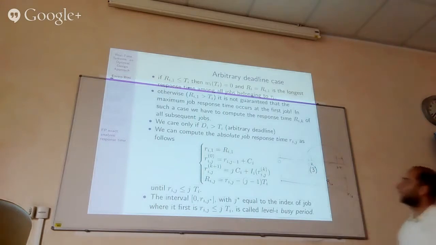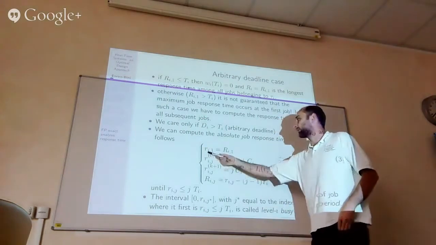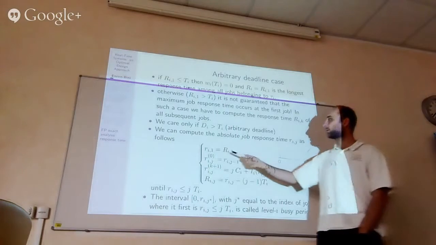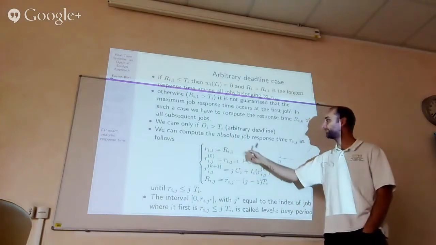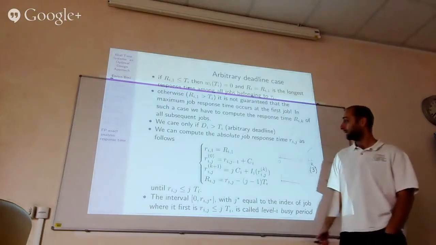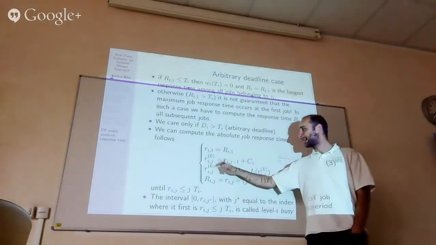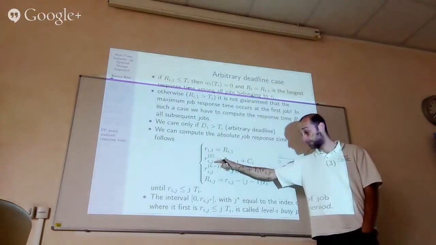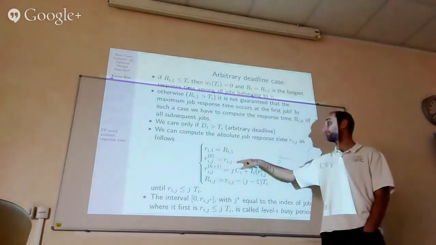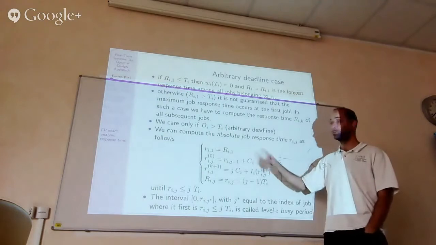Okay, so what do we do? We compute this absolute response time in this way. The first absolute response time is equal to the response time of the first job, no surprise. Then the absolute response time of the next job is the absolute response time of the previous job plus one computation time.